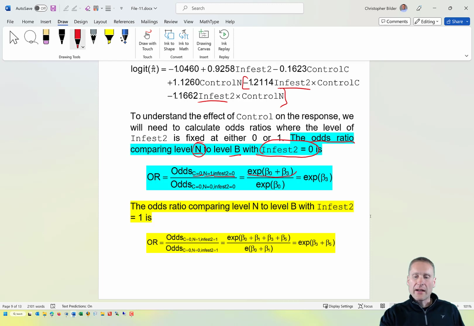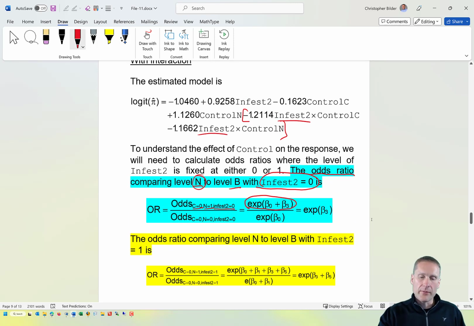Then the corresponding estimated odds ratio is exp evaluated at beta 0 plus beta 3. To help you see these indices here, let me put in what the beta hats are in this model. Okay, so notice what happens when C is equal to 0.